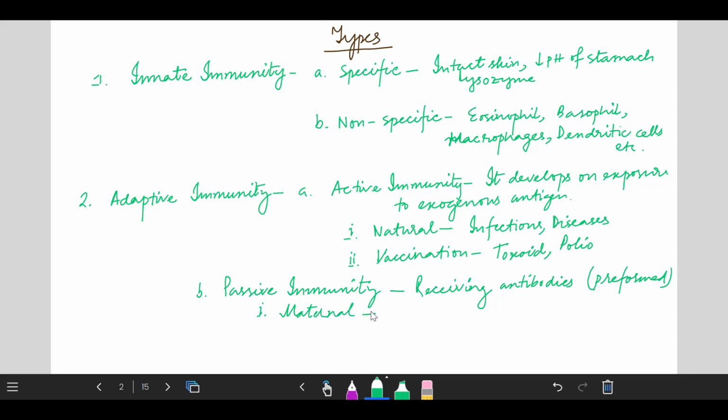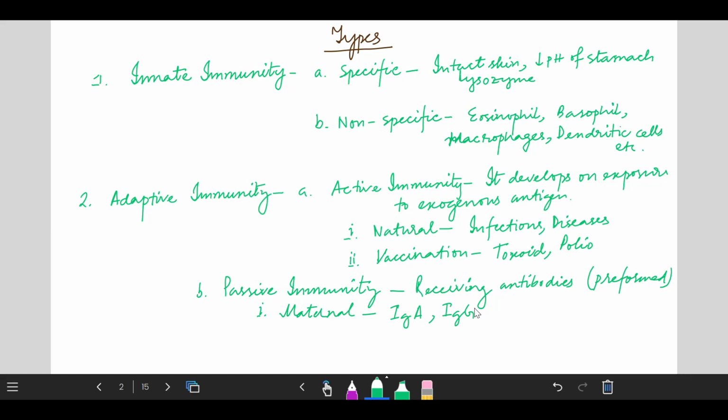Now you need to keep in mind that IgA antibody comes through the colostrum or the breast milk, but IgG antibody comes from mother to fetus through the blood placenta barrier or through the placenta. Some amount of MCQs come from this part.